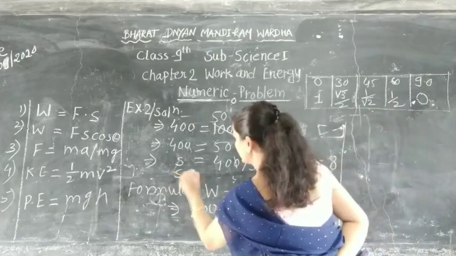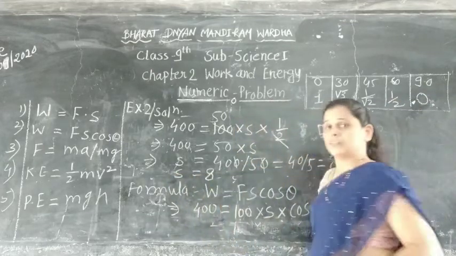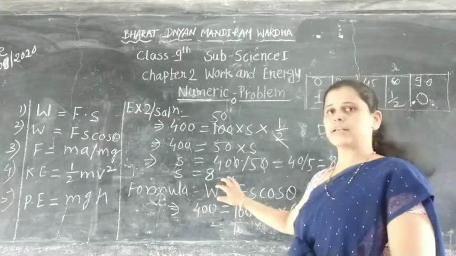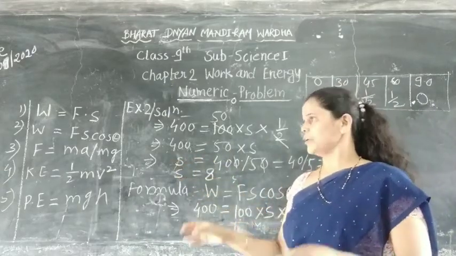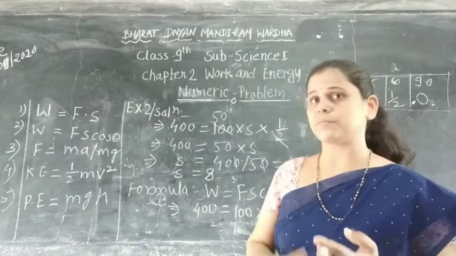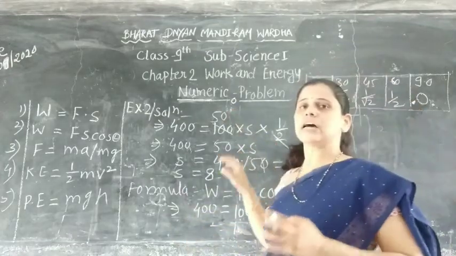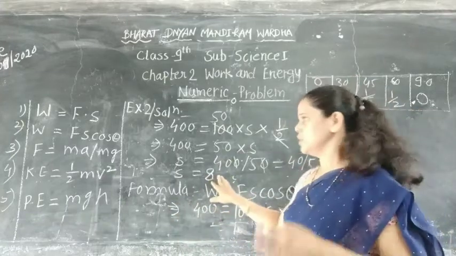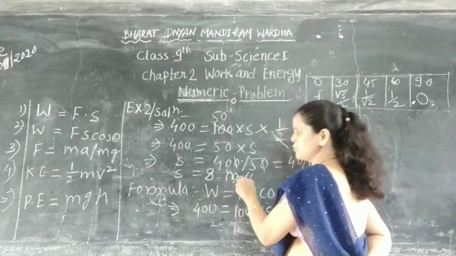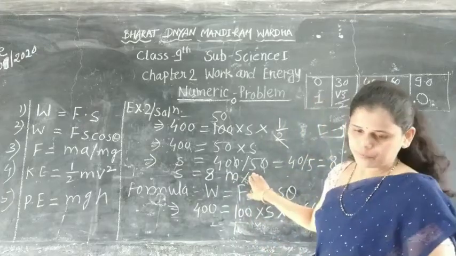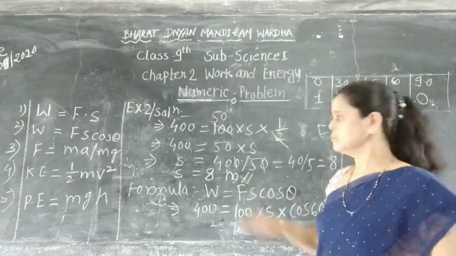That is S equals 8. Now think, what is the unit of S? S is a displacement. So write down the SI unit of S, because all the units are given in the SI system. So the SI unit of displacement is meter. So this is your answer. S equals 8 meter. Understand?